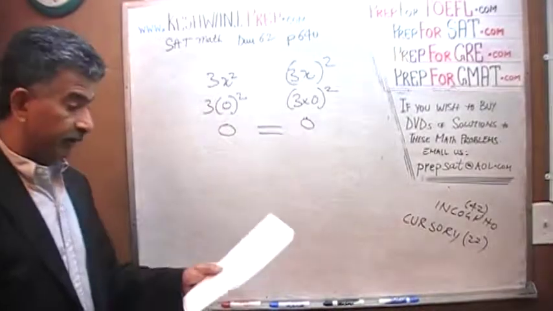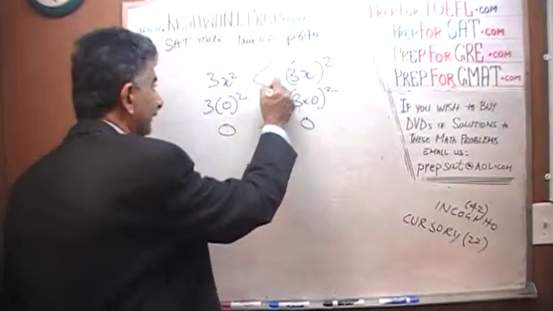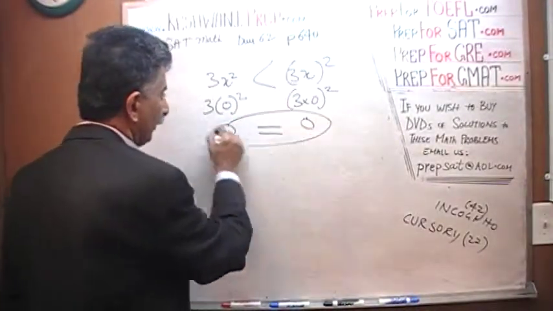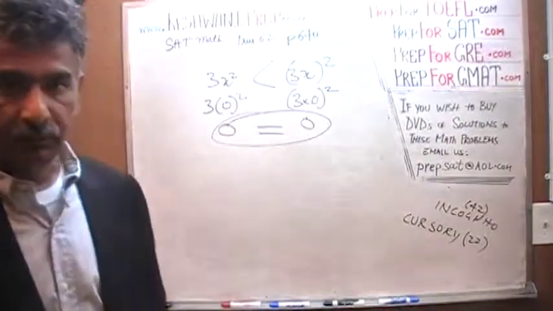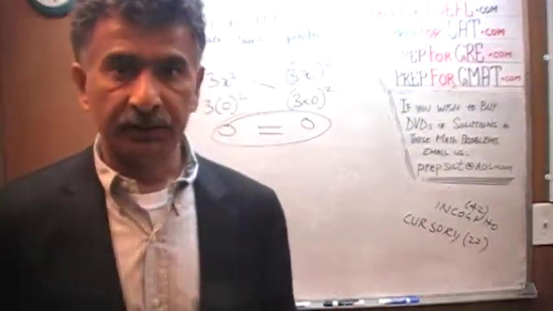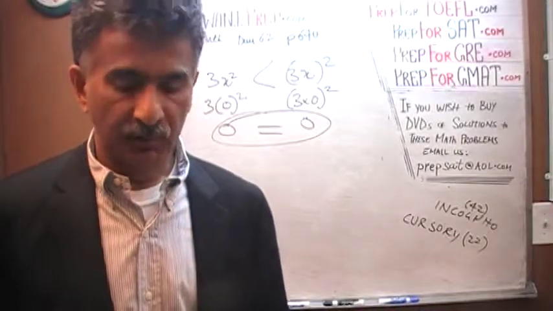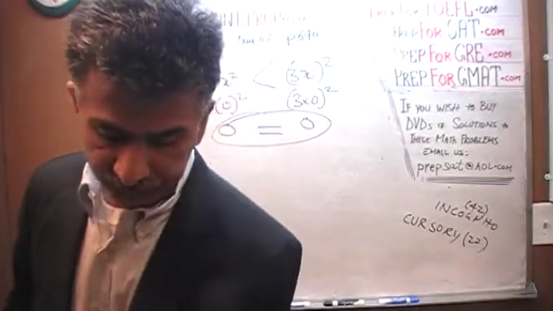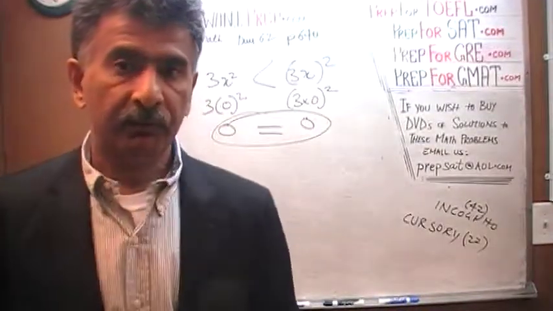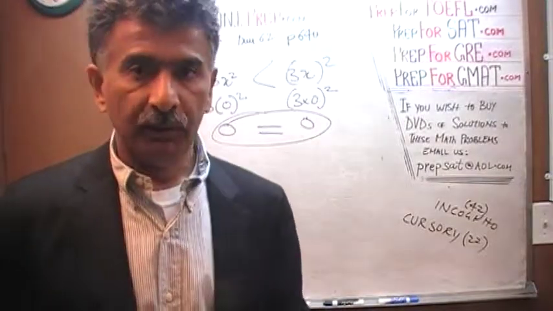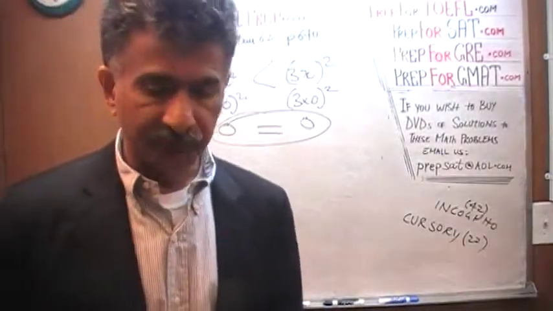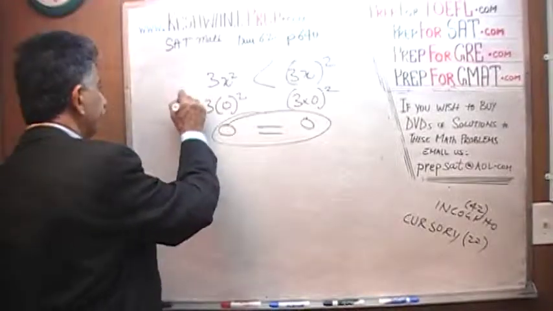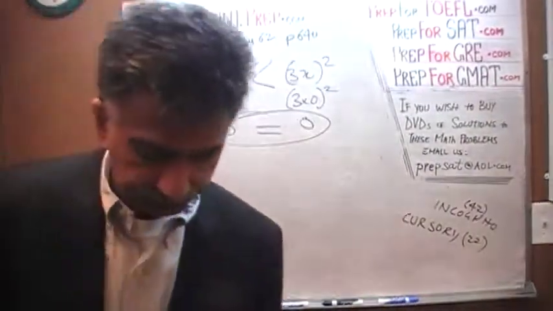But in the statement above, they tell us that this is less than that. This is not. When x equals 0, the two quantities become equal to each other. Hence the statement is false. We have found one value of x which makes the statement false, and that value is 0. The answer is B.